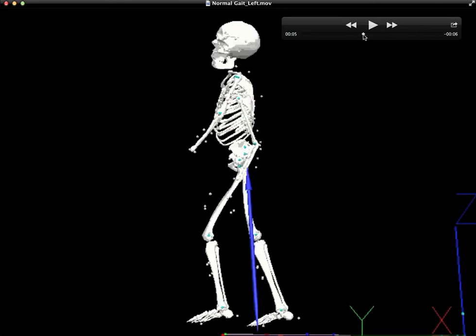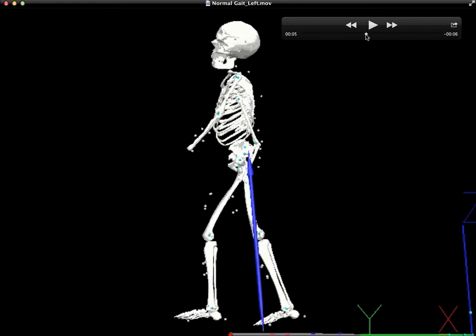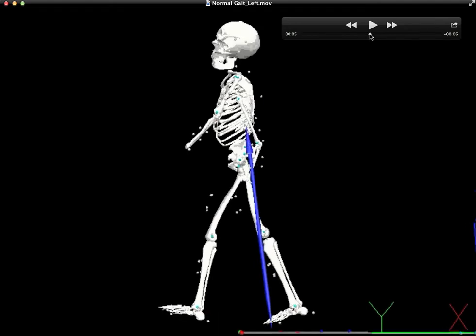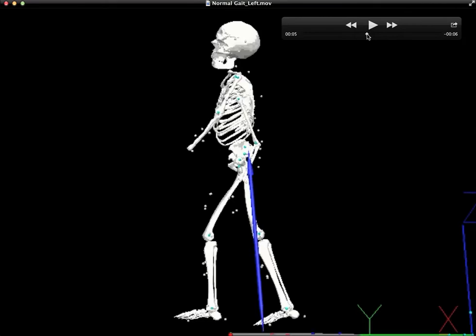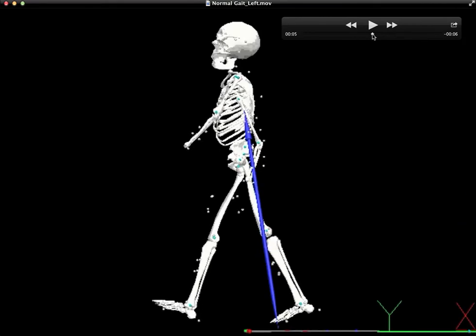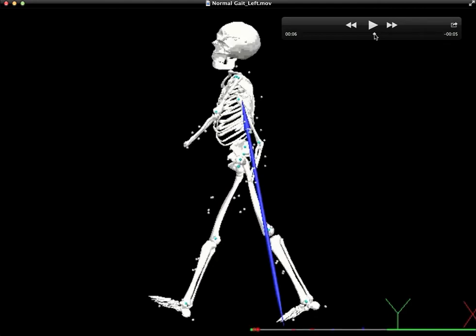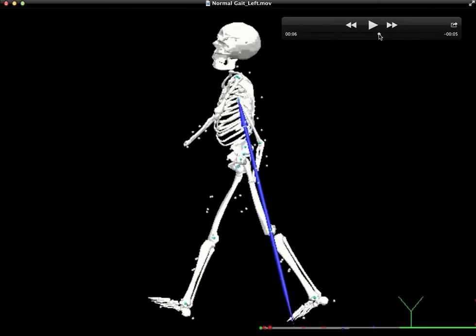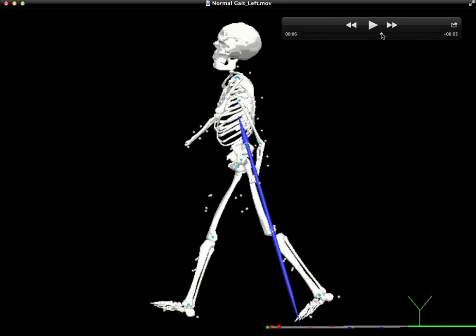Basically the next phase is going to be marked by when the opposite heel touches the ground. Notice that at this point there's not that much more dorsiflexion occurring, just some slight amount. But as we go to opposite heel contact, we're going to start to transition into some plantar flexion on the stance limb.